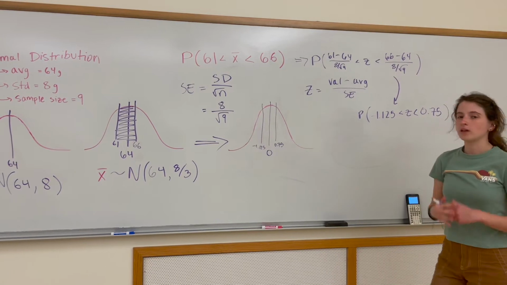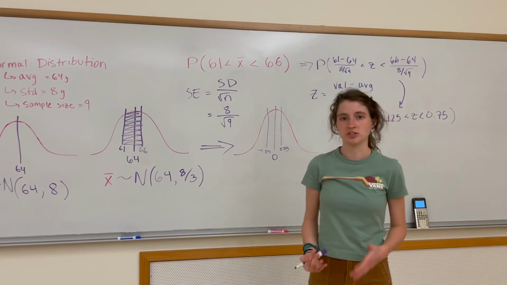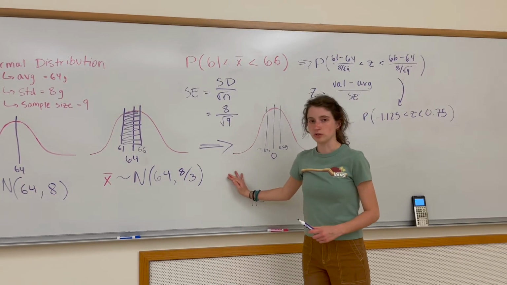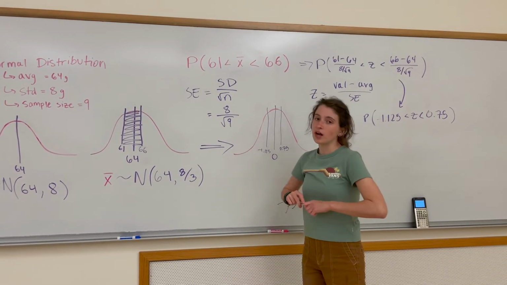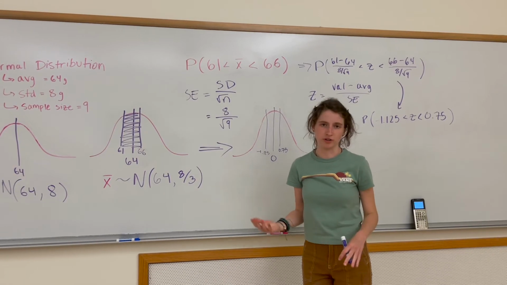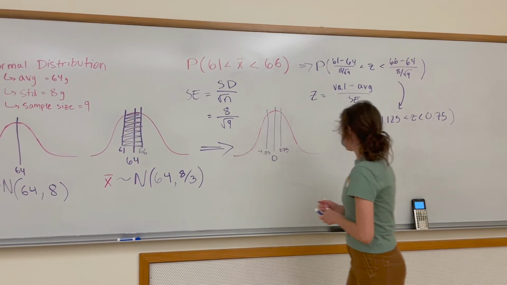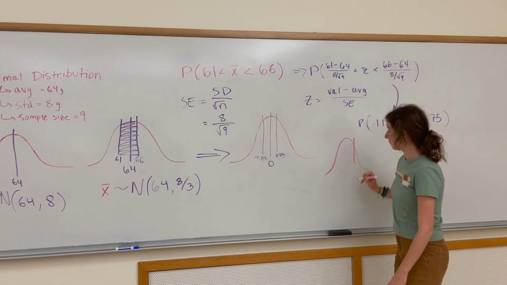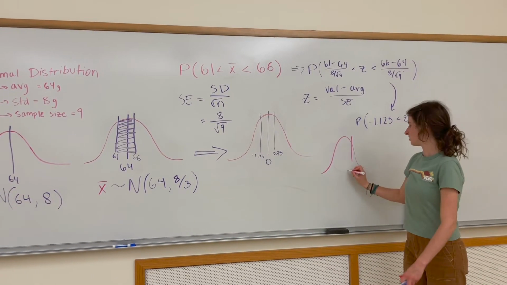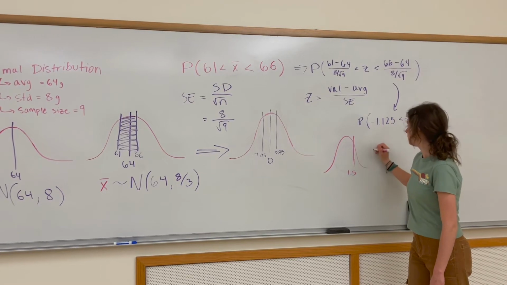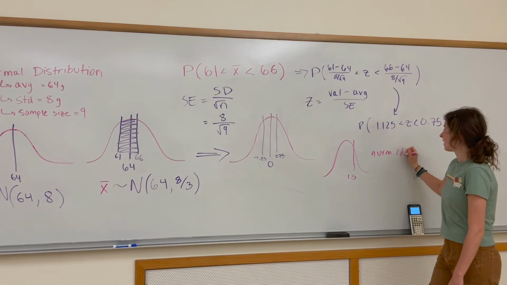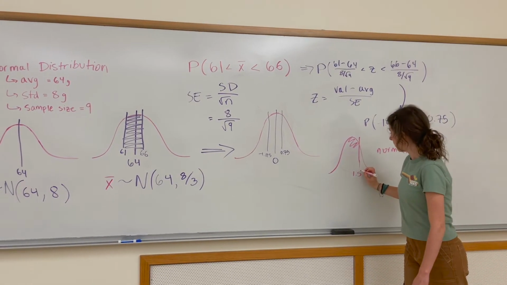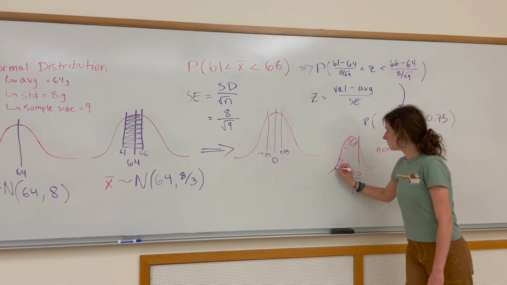We learned in class that there are two Python functions that we use to calculate the probability of certain z-scores. One is norm.cdf, the cumulative distribution function, I'm pretty sure is what it stands for. How that works is if we do norm.cdf of, say, a z-score of 1.5, that calculates the area from this z-score down to negative infinity.